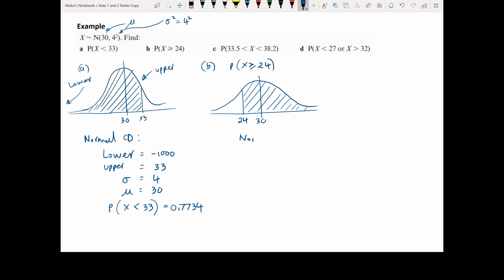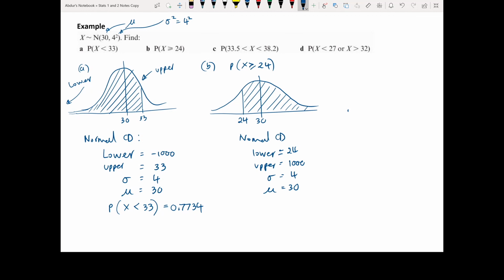Now we choose the normal CD function on our calculator, and again it lets us put a lower value and an upper value. Our lower value here would be 24, and our upper value will be a very large positive number, something along here. I'll use 1,000 in this case. Our sigma is still 4, standard deviation, and our mean is still 30.